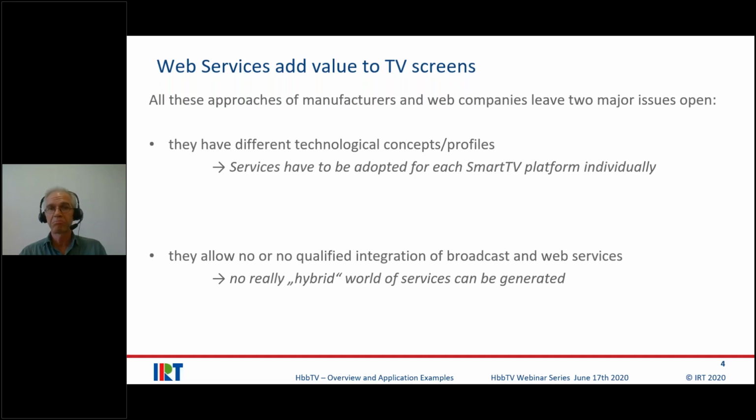So this is the first issue with these smart TV platforms, the relatively significant fragmentation compared to other web devices. Another point is there is no, or at least no qualified, integration of broadcast and web services. On devices like that, you have linear broadcast services and you also have web services, but as such, these platforms do not allow creating a really hybrid world to combine broadcast and broadband assets.